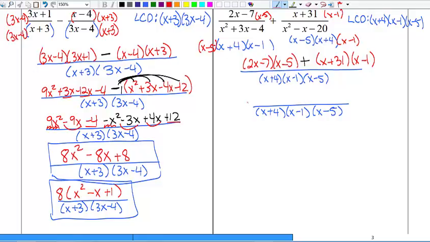And then I have to spend a couple lines of work trying to distribute this and combine like terms. So I have 2x squared minus 10x minus 7x plus 35 plus, and because that's a plus, I don't have to keep parentheses around this when I work out the second one, x squared minus 1x plus 31x minus 31.